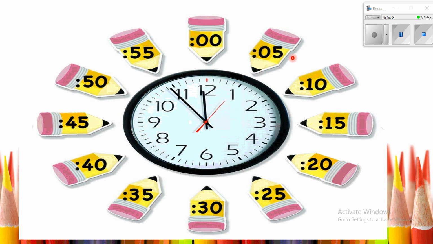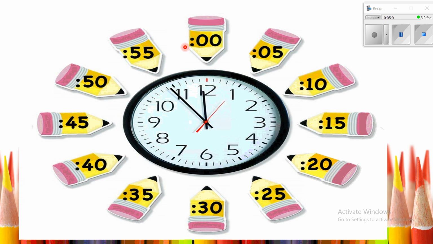So 5, 10, 15, 20, 25, 30, 35, 40, 45, 50, 55, then 0. Again, sing with me: 5, 10, 15, 20, 25, 30, 35, 40, 45, 50, 55, 0.